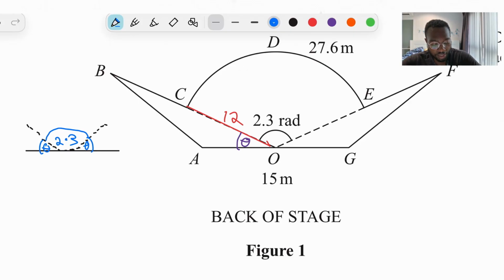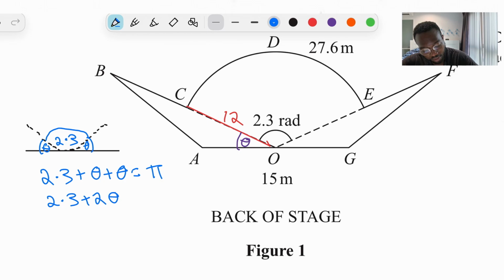So we know that 2.3 plus theta, it must equal pi. So therefore, 2.3 plus 2 theta must equal pi. Therefore, theta would just be pi minus 2.3, all over 2.